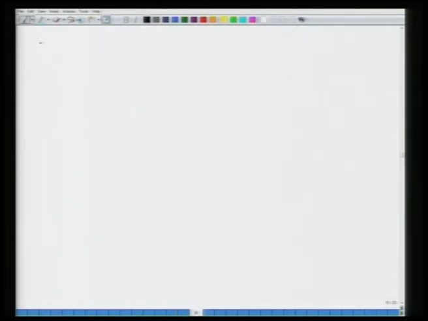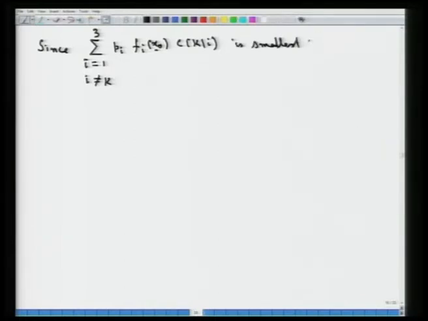So, this implies that since we have this summation i equal to 1 up to 3, i not equal to k of the quantities Pi Fi x naught into C k i, this is smallest for k equal to 2, so x naught is classified as k equal to 2.